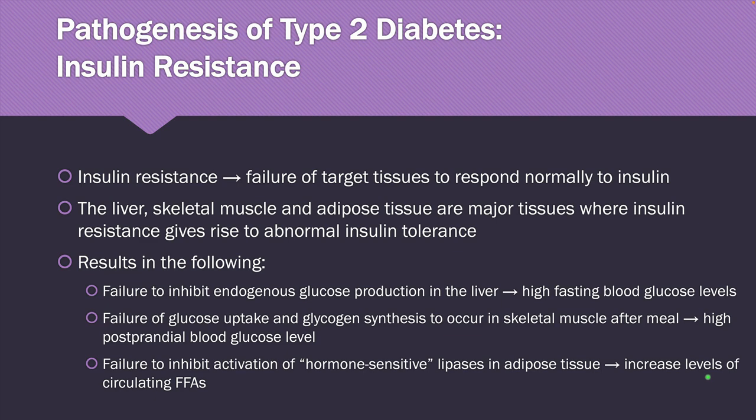You have failure of glucose uptake and glucose synthesis to occur in skeletal muscles after meals, so mataas ang postprandial glucose levels mo. And there's a failure to inhibit activation of your hormone-sensitive lipases in adipose tissue, so mataas ang levels of circulating free fatty acids mo.